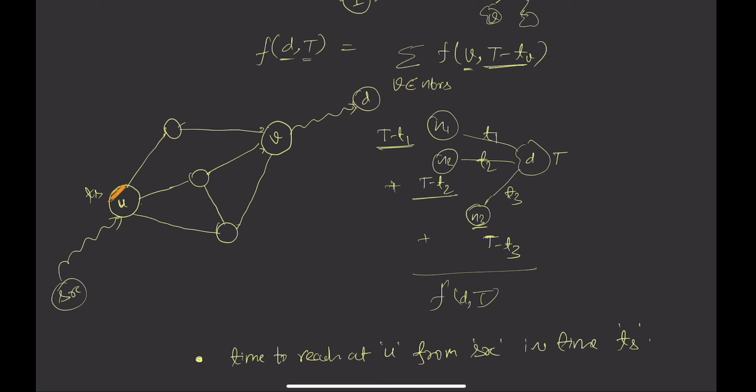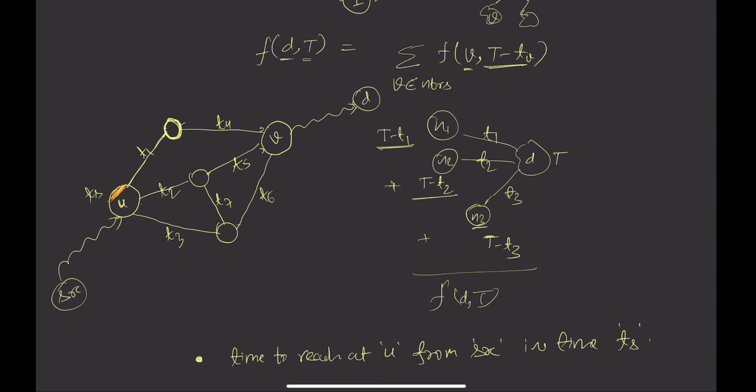So when will I go to this node? Can we say that the number of ways to reach this, so if it is t1, t2, t3, t4, t5, t6, t7, is the number of ways to reach this node from the u node.